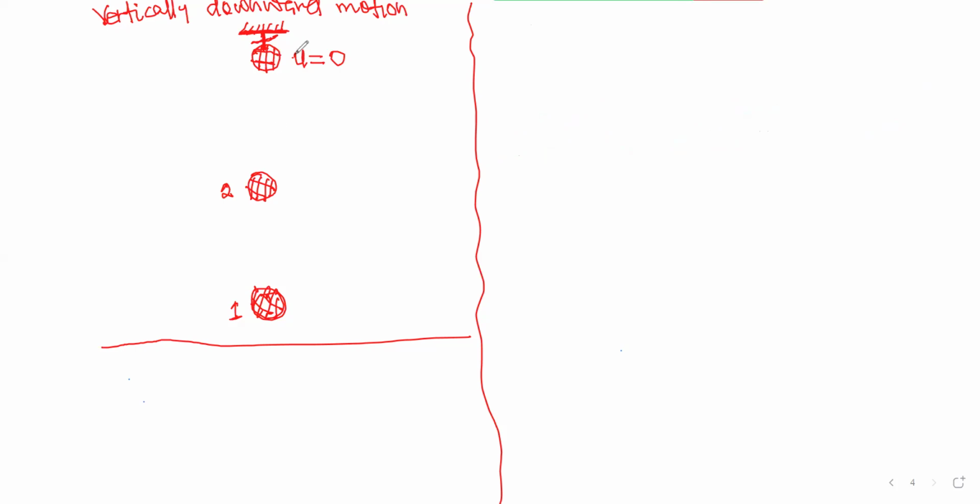So here, the initial velocity is 0, free falling. When it gets to 2, the velocity, so when it is free falling, the velocity is increasing. So this time around, we have increasing velocity or speed.